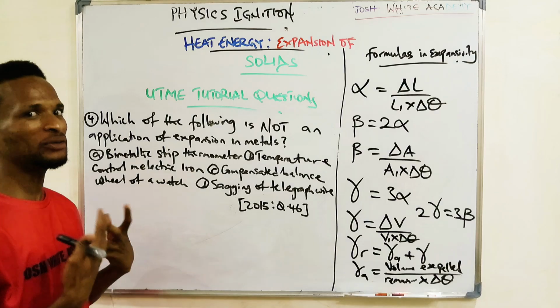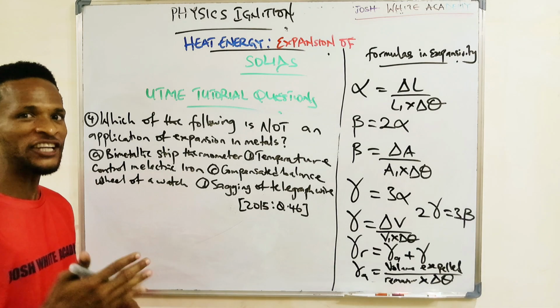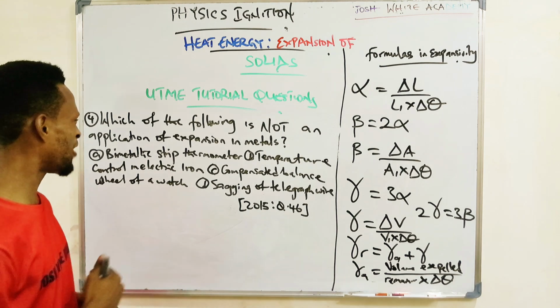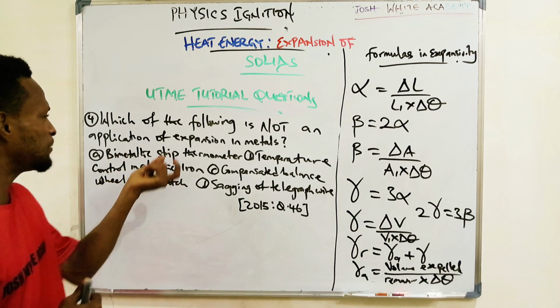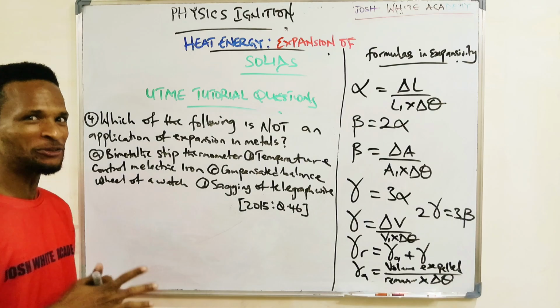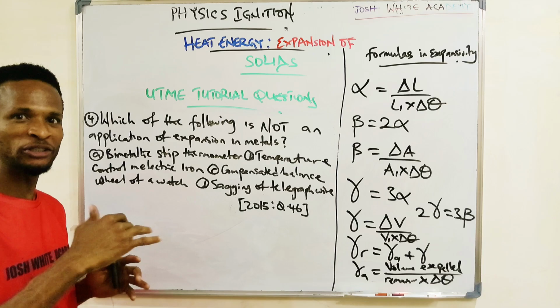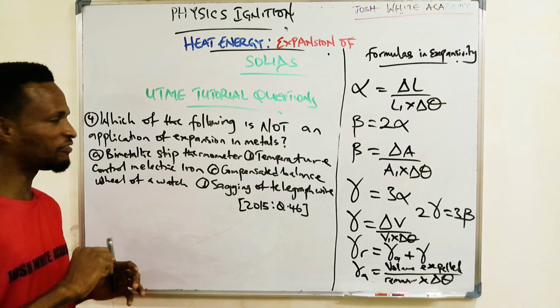Effect many times can be undesirable, but the application is using the knowledge of expansion for something good. Now, the metallic strip thermometer, we said, is used as a thermometer, knowing the difference in the rate of expansion between the brass and the invar or steel.